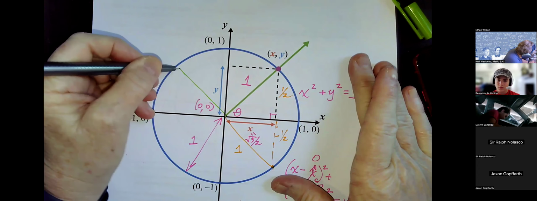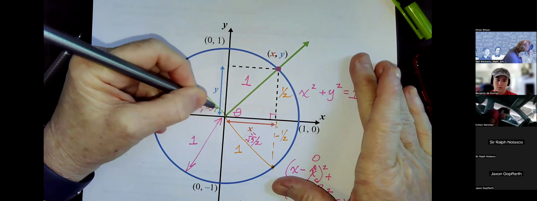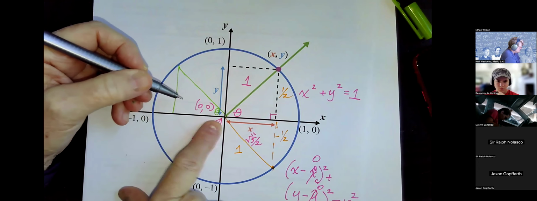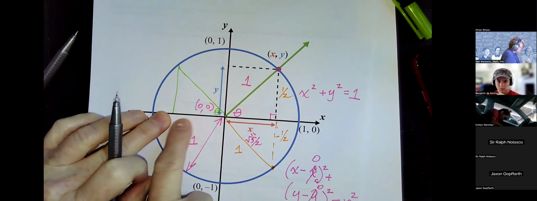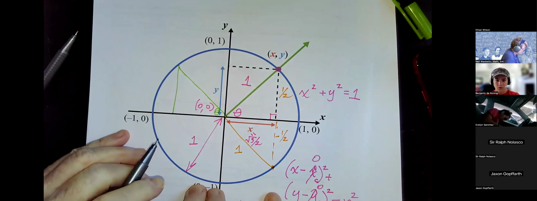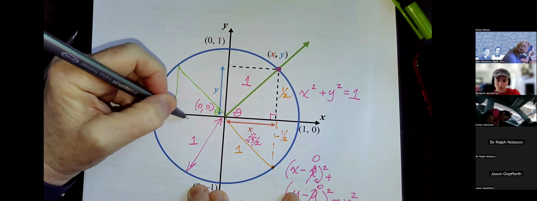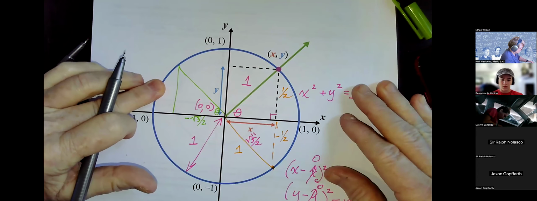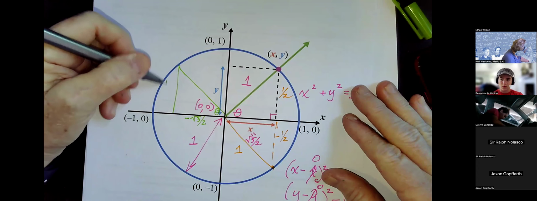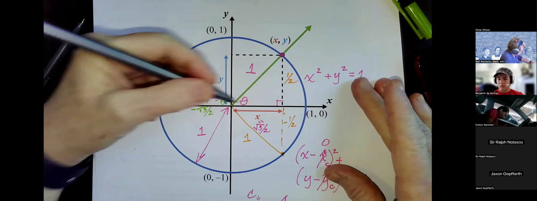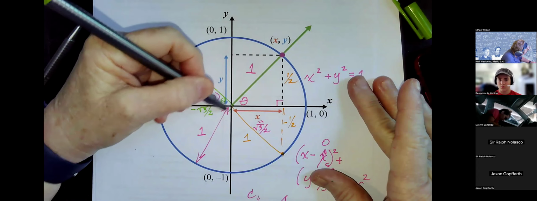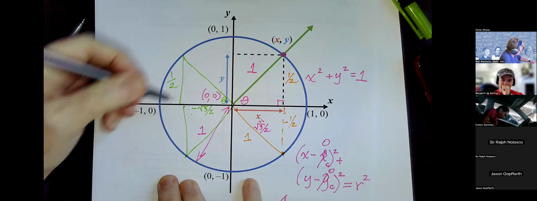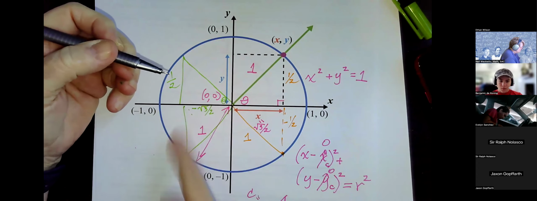We can have this triangle. Is this position going to be positive or negative? The X would be negative. And what about Y? Still positive. And we have one in the third quadrant. Negative and negative. Good.